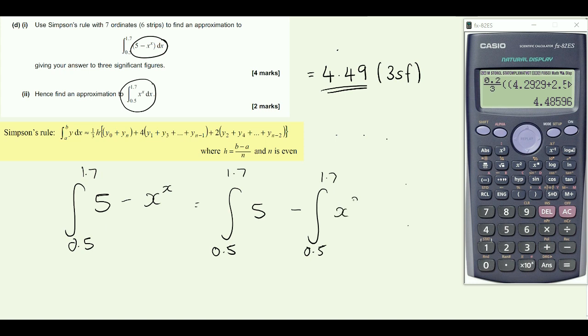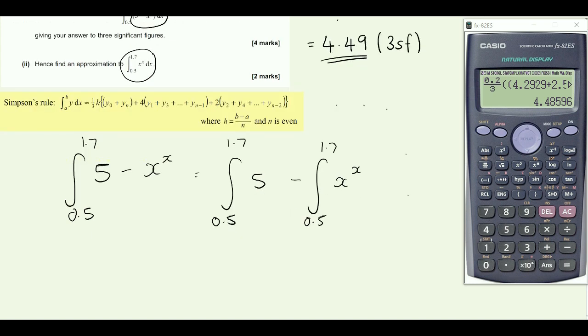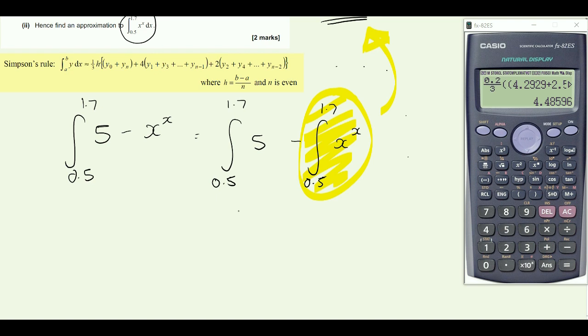We know the second part: that integration is estimated by your solution here. But what we still need to do is this first integration. So we're integrating 5 with respect to x, which is going to give us 5x between our 2 limits, 0.5 and 1.7.